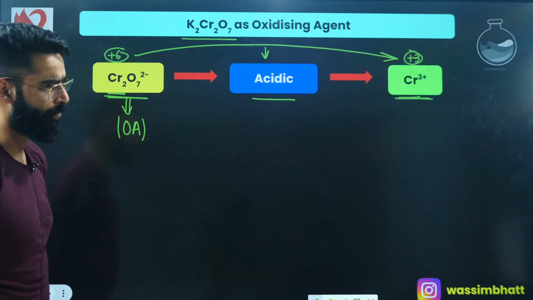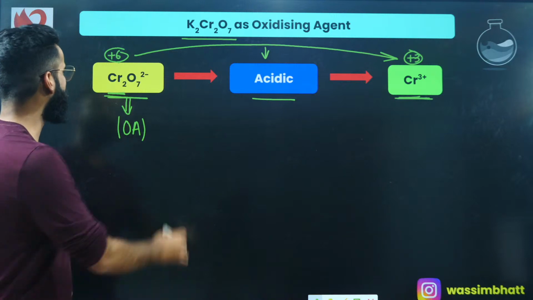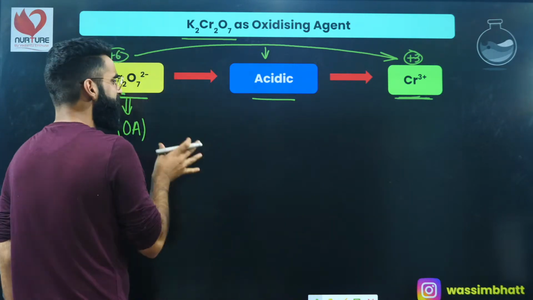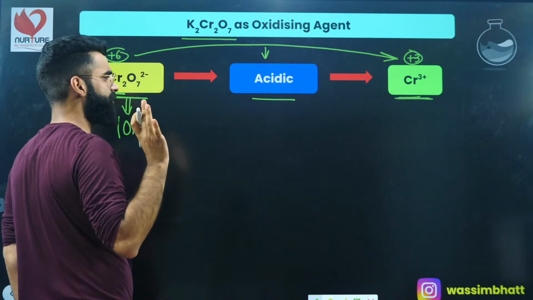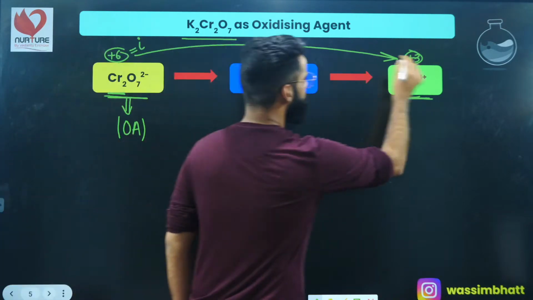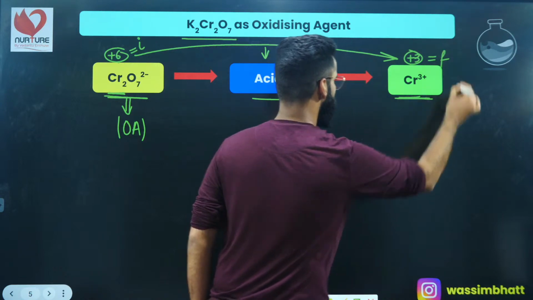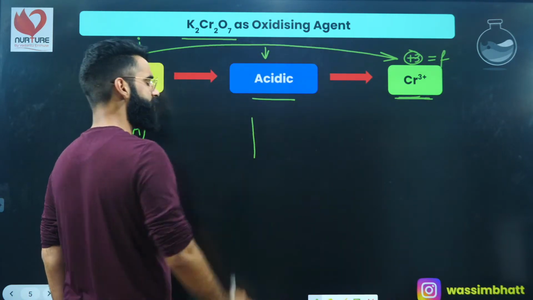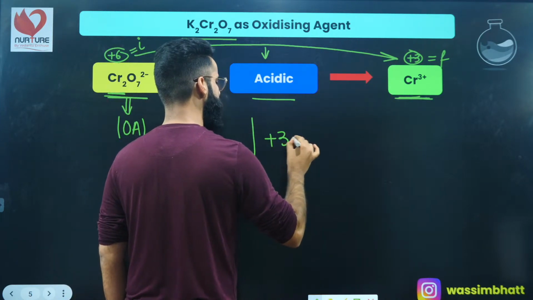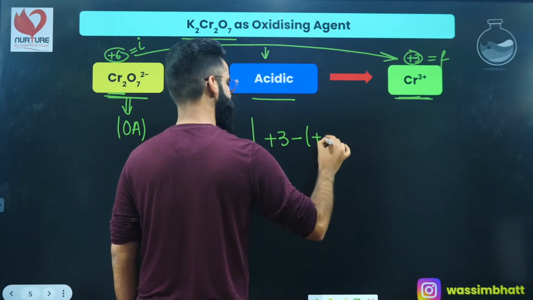Point number 1, right? Now how do we calculate its N factor? What you simply need to do is calculate the change in the oxidation state of chromium. I'm calling this the initial oxidation state of chromium, and this the final oxidation state of chromium, right? Let's calculate the change in the oxidation state of chromium, which is final oxidation state of chromium minus initial oxidation state of chromium.